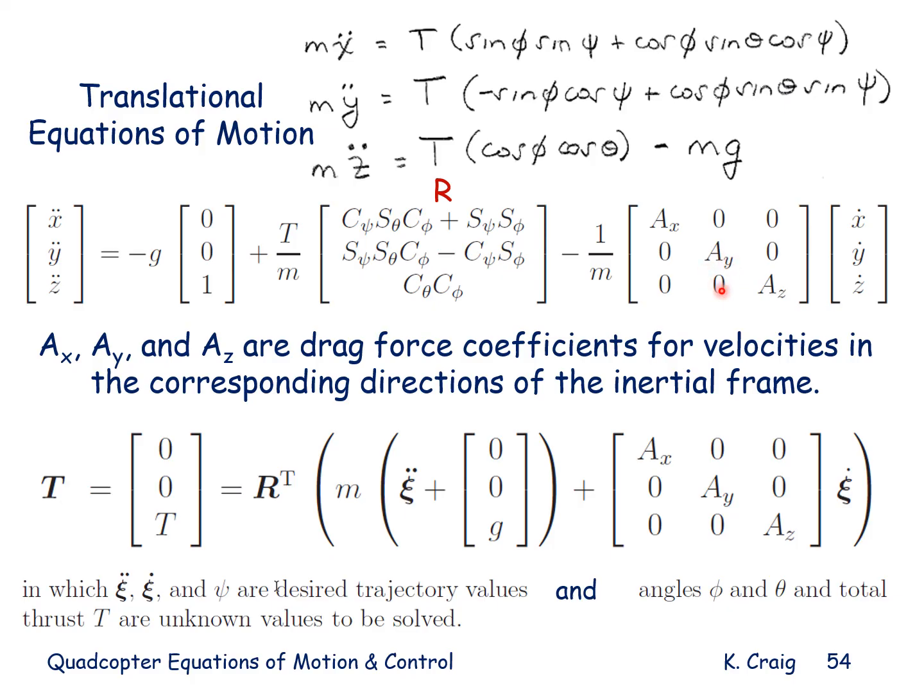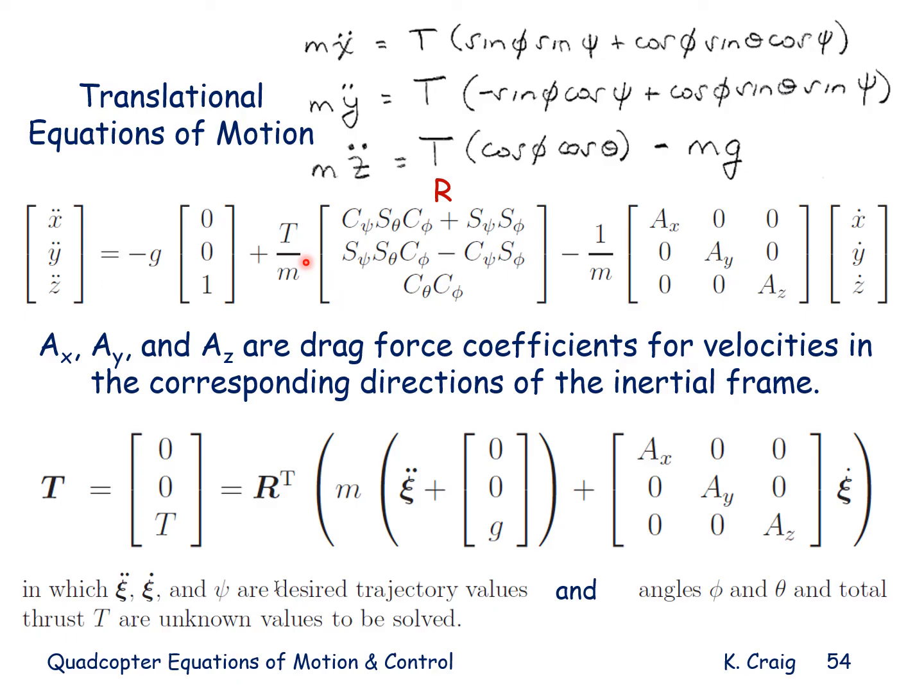This 3 by 3 matrix multiplies the 3 by 1 column vector of velocities. This then is the translational equations of motion in matrix form.